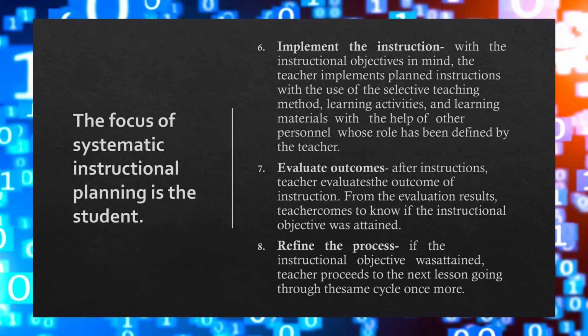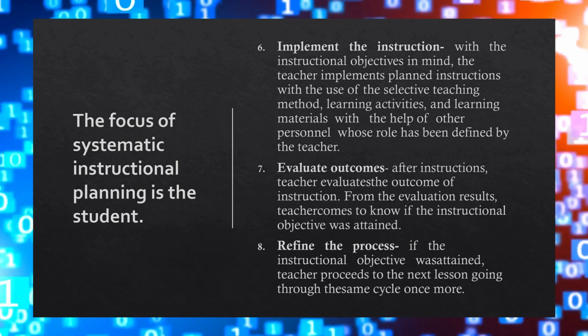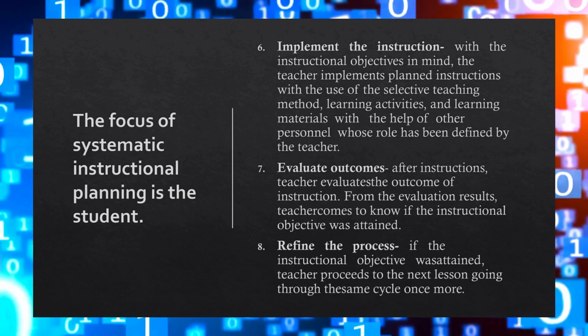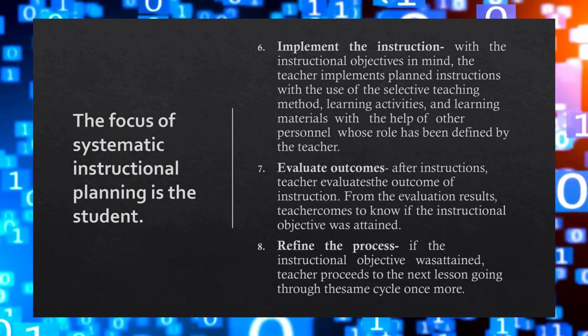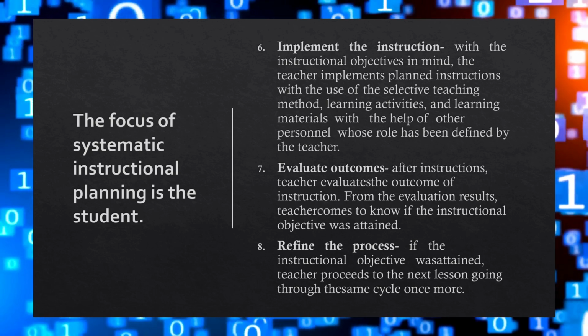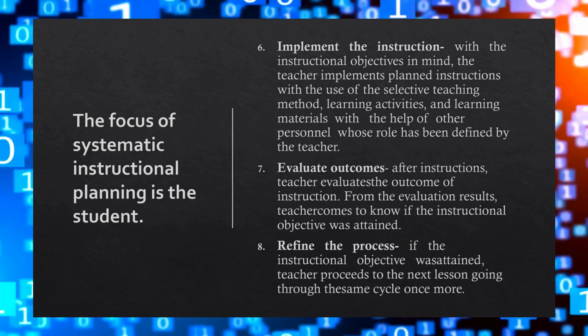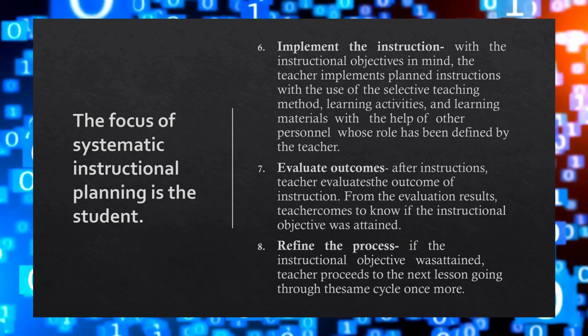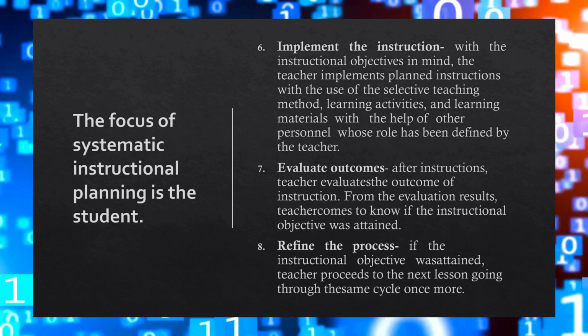After instruction, the teacher evaluates the outcome of the instruction. From the evaluation result, the teacher comes to know if the instructional objectives were attained. Eighth, refine the process. If the instructional objective was attained, the teacher proceeds to the next lesson, going through the same cycle once more.